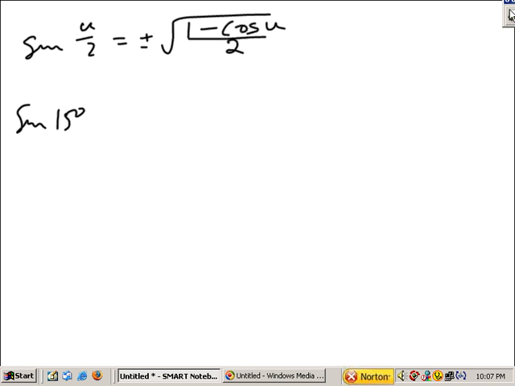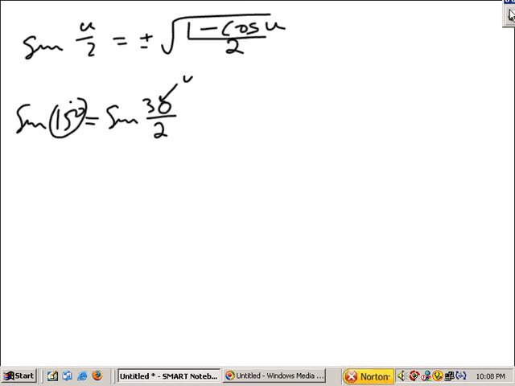We either calculated the sine of 15 degrees or cosine of 15 degrees earlier by using the difference formula. We said the sine of 15 degrees was equal to the sine of 45 minus 30. So we didn't have to do that. We can think of 15 degrees as something over 2, namely 30 over 2.